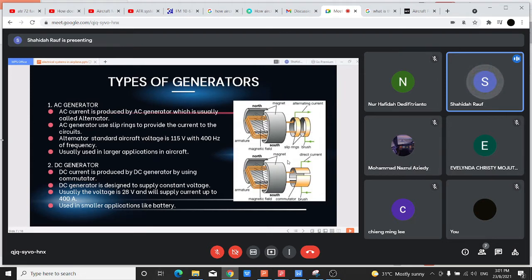But when there is a commutator, it will change the direction of the AC current so that it flows in only one direction, which is a direct current.